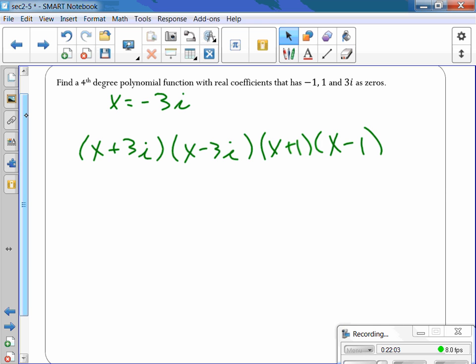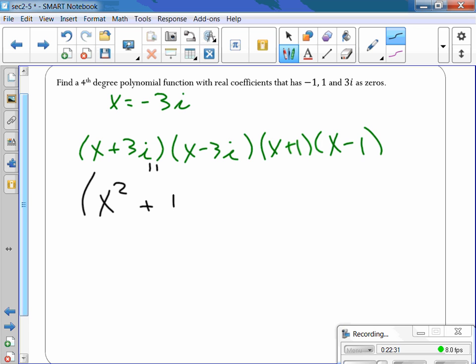So in this case, we should probably multiply the complex conjugates. So here my x plus 3i times x minus 3i is what? Absolutely. That's how our complex numbers behave.